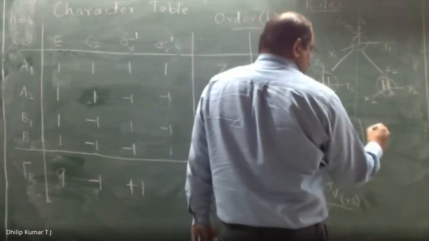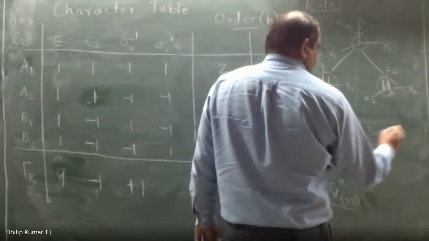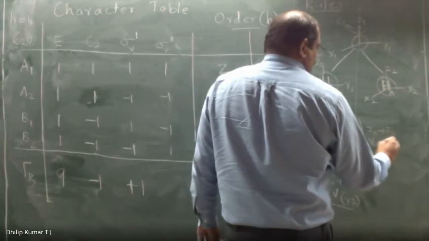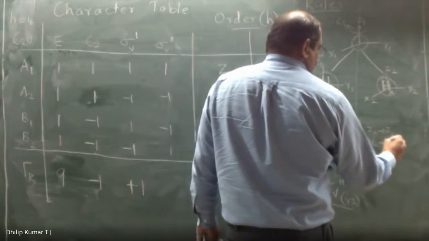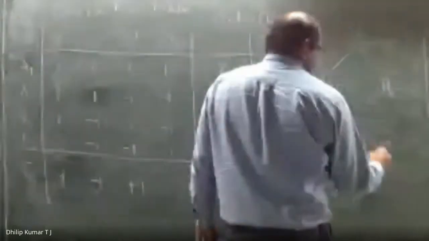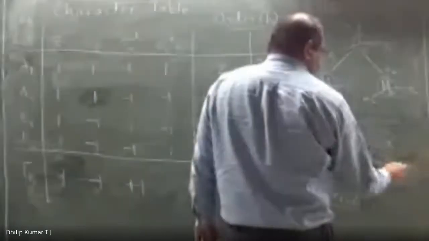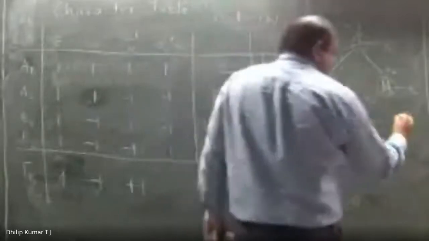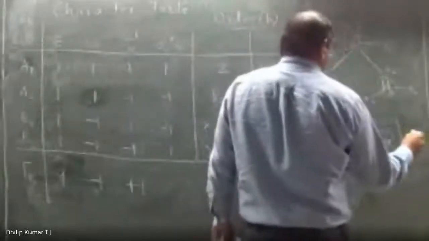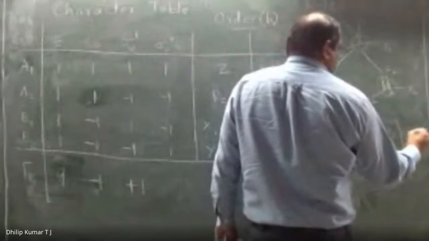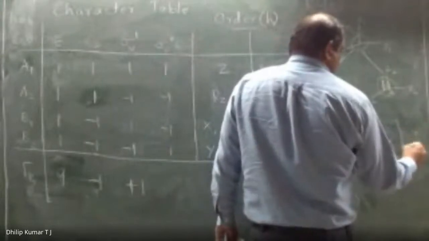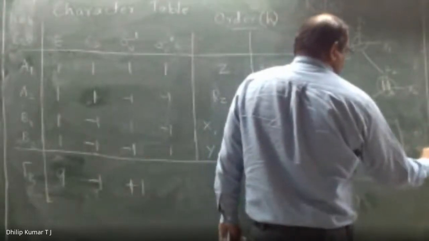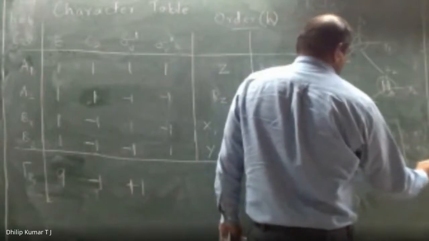Here again, Z2 will remain as Z2, Y2 will remain as Y2, and X2 becomes -X2, because the atoms are not changing. Last one, Z3 remains as Z3, Y3 will remain as Y3, and X3 will be -X3.